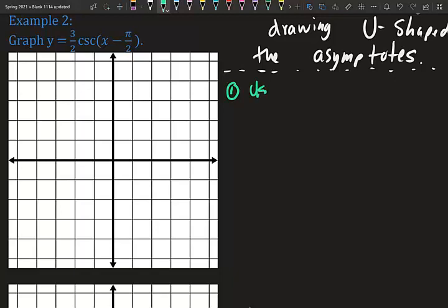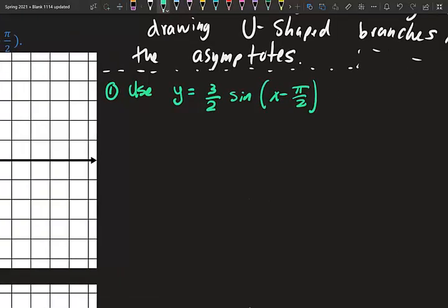What we're going to do is use y equals 3 over 2 sine of x minus pi over 2. So everything stays the same, you just change the cosecant to the reciprocal, and we're going to use that as the guide.